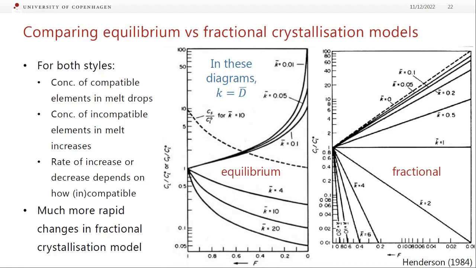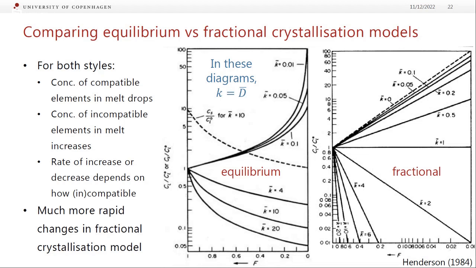For fractional crystallization, this is basically the same plot, but you can see that there's a log scale on the bottom. And here, if you have something that's highly compatible, it drops crazy fast. And the reason is because as soon as we crystallize that mineral, we remove it from the system. And so there is much less, say, something like nickel, compatible element, sat around in the melt, equilibrating.